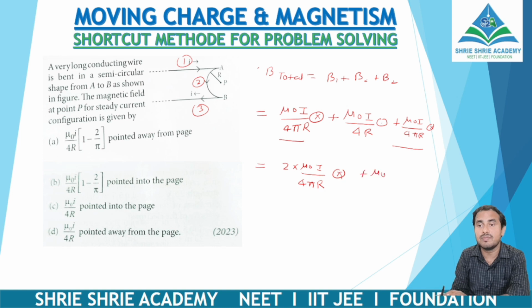The next one is mu naught I by 4r, which is out of the plane. If you cancel the 2 times, in the denominator you get 2 threes are 6, more than 6, about 6.28, into r. Here it is 4 into r. When you compare both of them, this one is going to be the greater value.